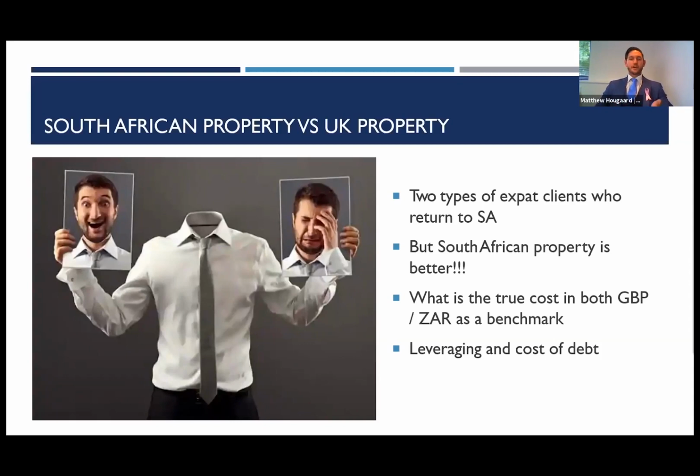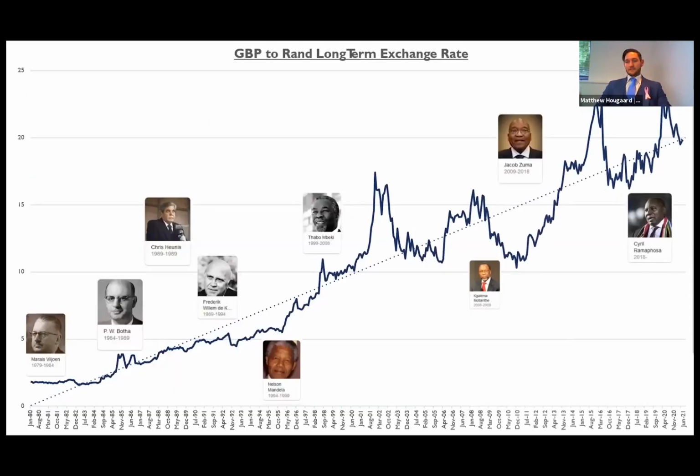Now, if we have two countries to consider, what we must first look at is understanding the journey of the two currencies. So, over the last 40 years, this slide shows the devaluing of the rand. You can see the rand has really depreciated against the pound, where it used to be 1.8 in 1980 to the pound. It's now sitting at 20 rand to the pound.